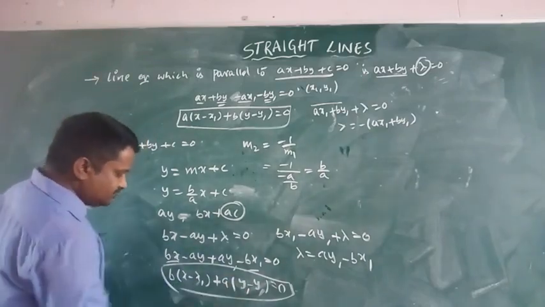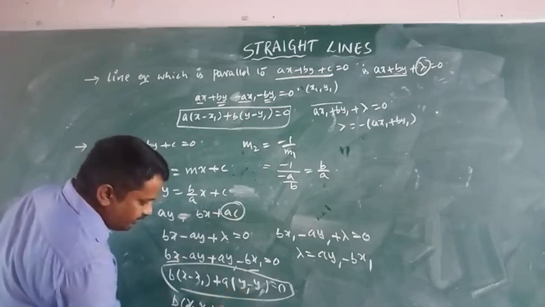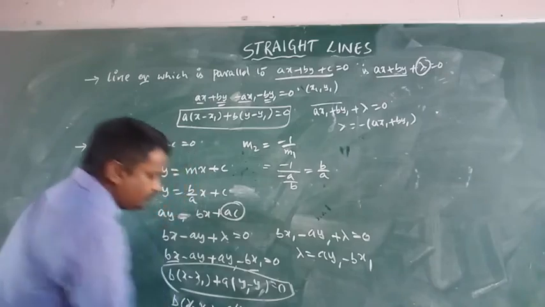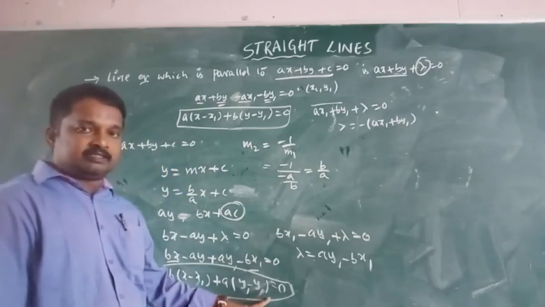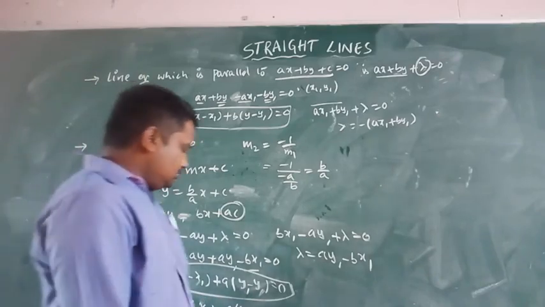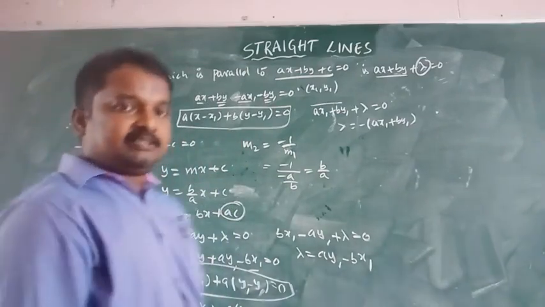We may change it a little bit: b(x - x1), and I am taking minus common, so a(y1 - y) if you write plus here; if you write minus here, it is a(y - y1).